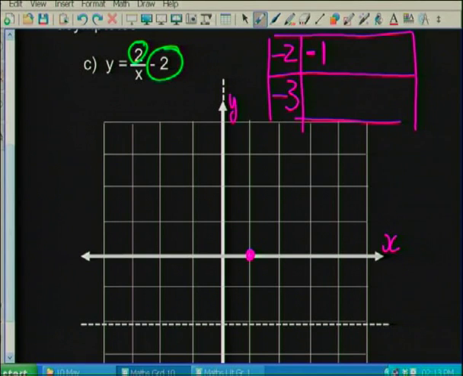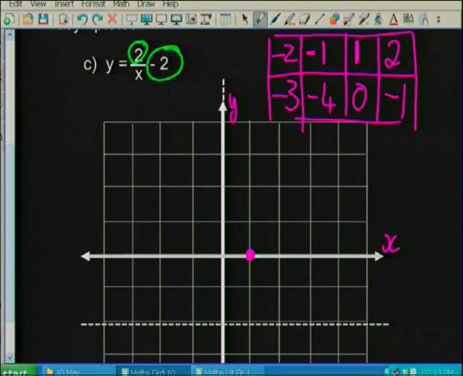If x is minus 1, I have minus 2 minus 2, which is minus 4. If x is equal to 1, I have y as 0, which is consistent with my x-intercept that I've just calculated. And if x is 2, I'll have 2 divided by 2, which is 1, minus 1, which is minus 1.